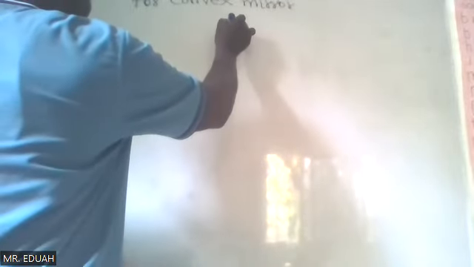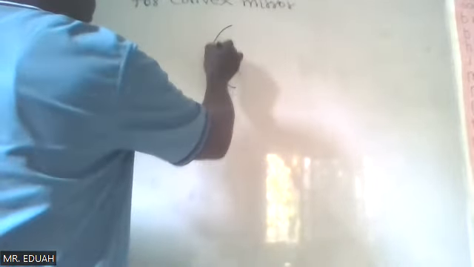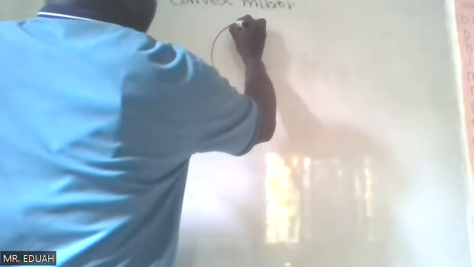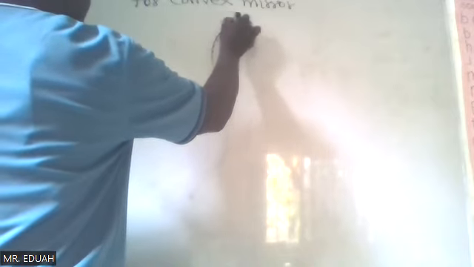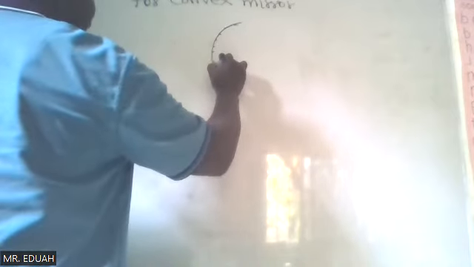Okay, so for a convex mirror, the reflecting surface curves outwardly.